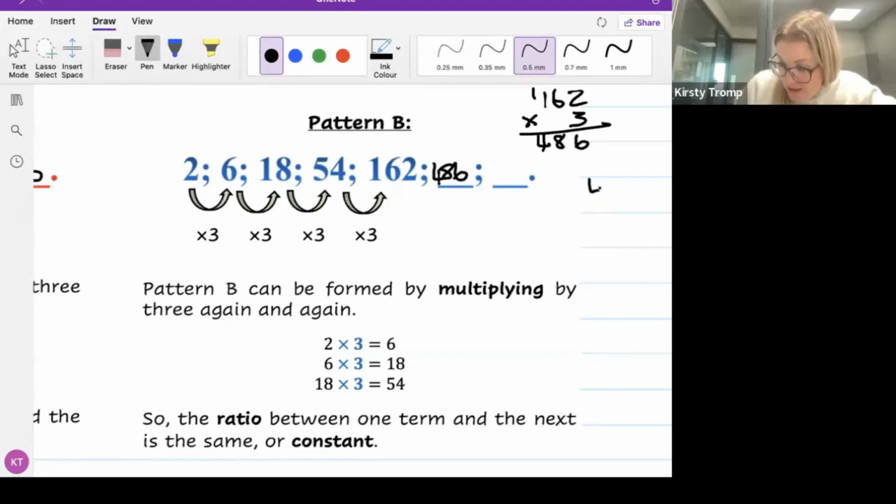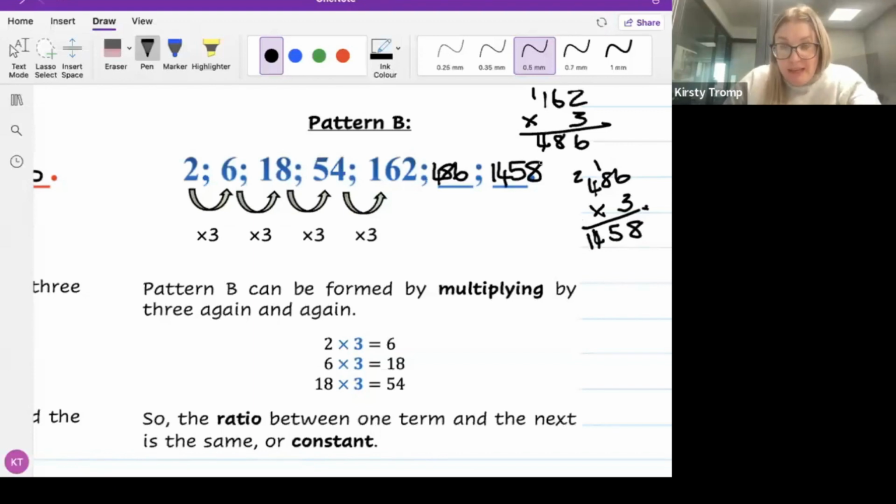And then I need to say 486 times 3. 3 times 6 is 18. 3 times 8 is 24, plus 1 gives me 25. 3 times 4 is 12, plus 2 gives me 14. So I get 1, 4, 5, 8.